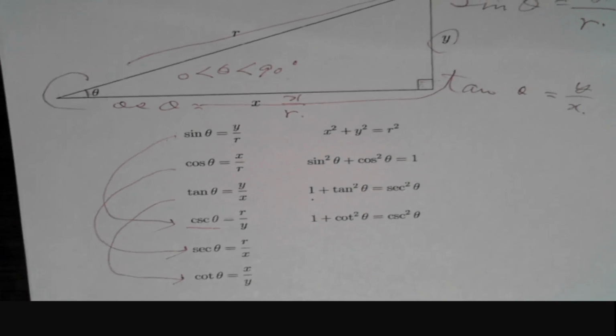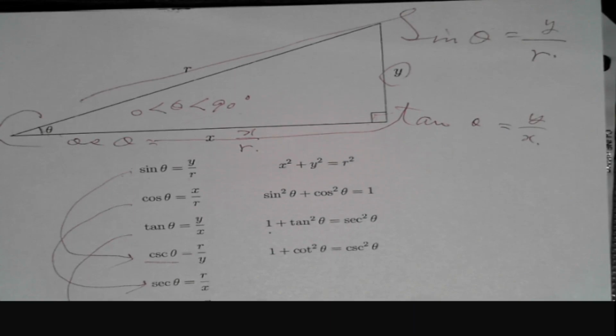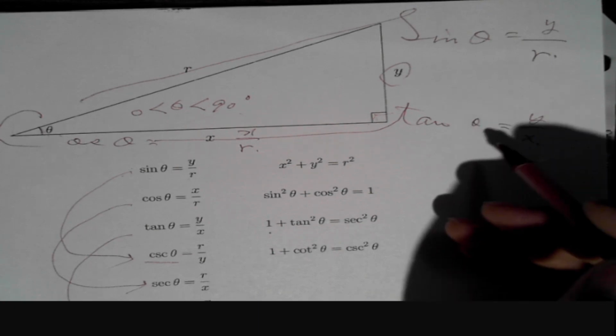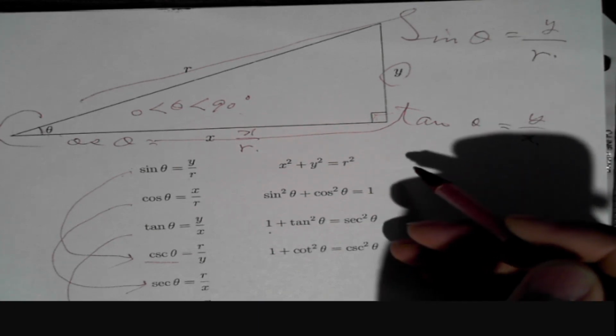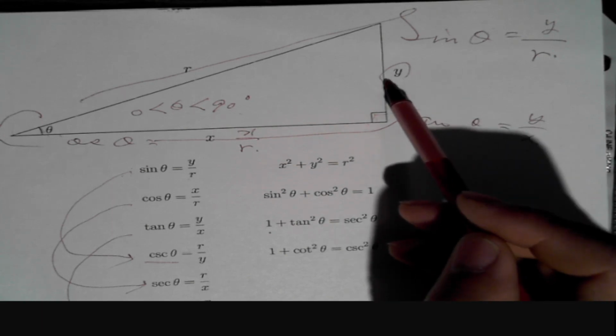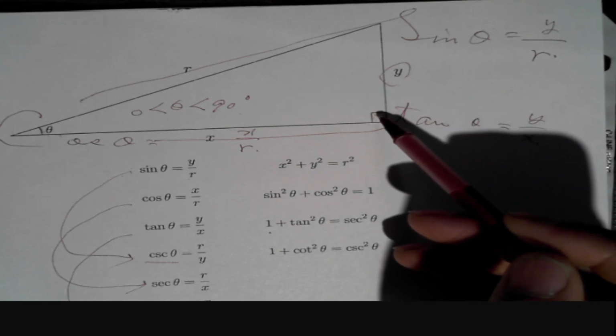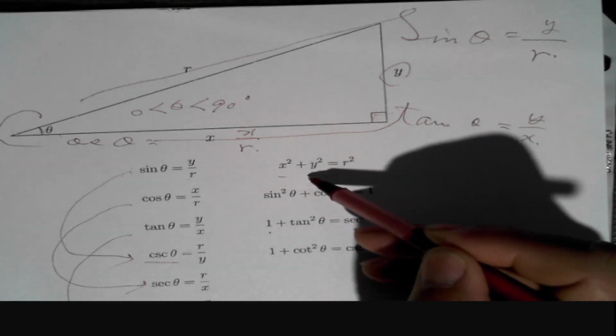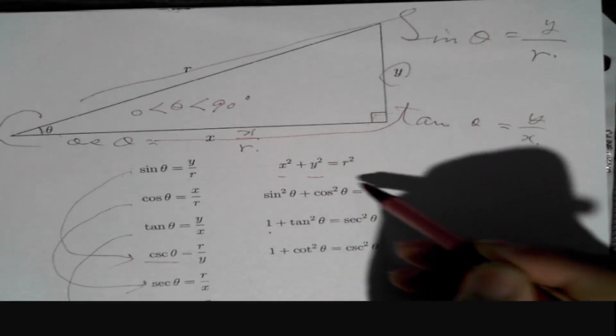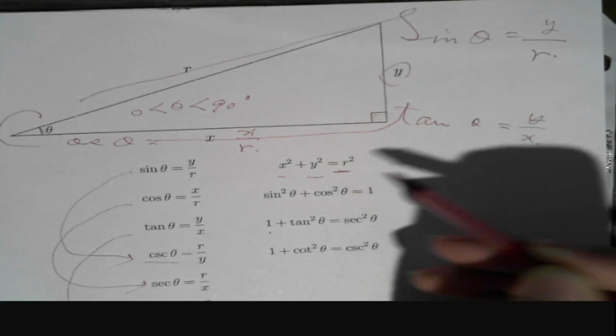Just like that. If you don't remember these definitions, you cannot proceed in trigonometry anymore. Now after we understand those definitions, let's study this one. Because this is a right triangle, according to the Pythagorean theorem, two sides of a right angle, x squared plus y squared equals hypotenuse squared.